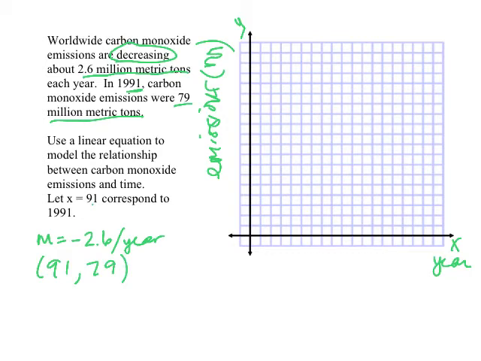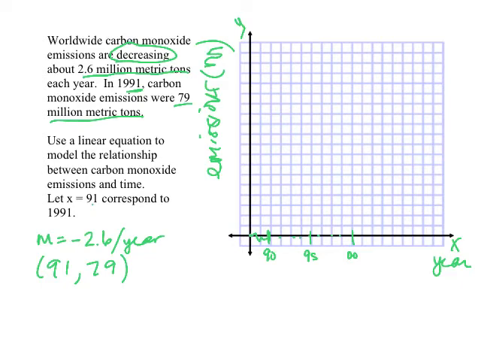So I am going to plot what we have. Why don't we do a scale break and start this at 90? So there's 91. Let's just mark 1, 2, 3, 4, 5. And this is the year 2000. So I'm going to call this 0. Now here on the emissions, we got to get up to 79, but we know it's coming down.